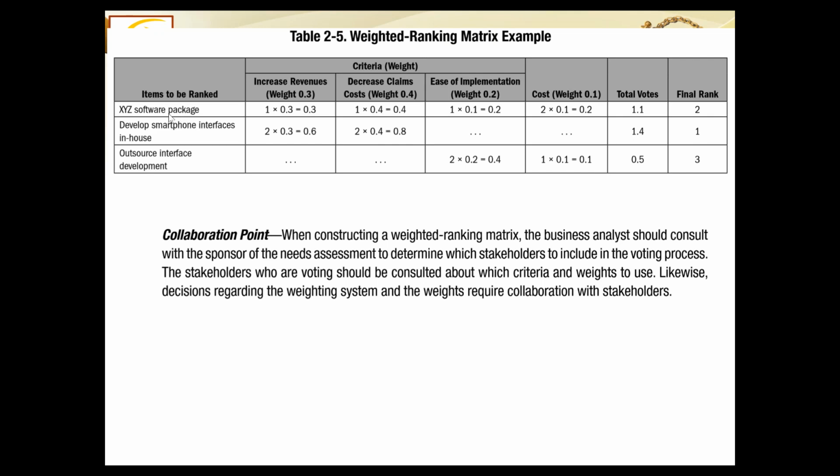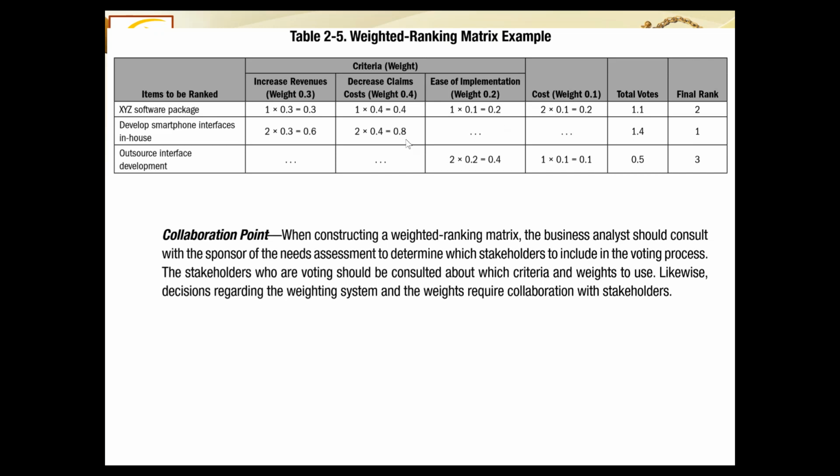Now let us see the score of the XYZ software package. That is 1, which will be multiplied by 0.3, comes out to be 0.3. For the second option, first I was only comparing the first and second options, so we get the scores for these, and the clear winner is our first option.